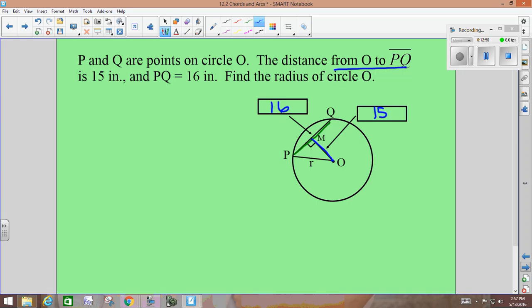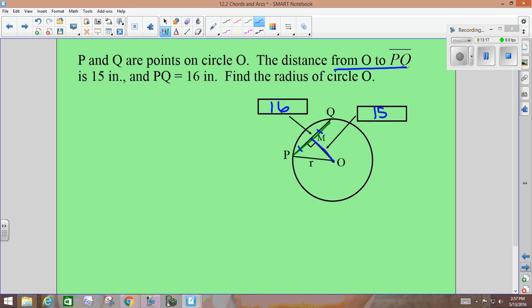Since my chord is perpendicular, what do I know about PM and MQ? Yeah, they're getting intersected, but how? They're intersected at the center of the line. So what would I know about PM and MQ? They're congruent. Good. It's going to get bisected.